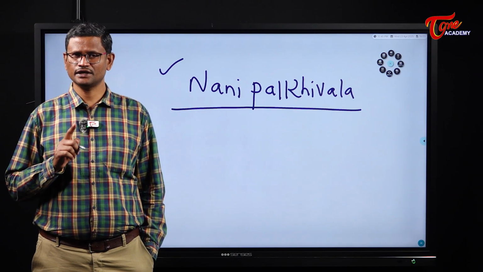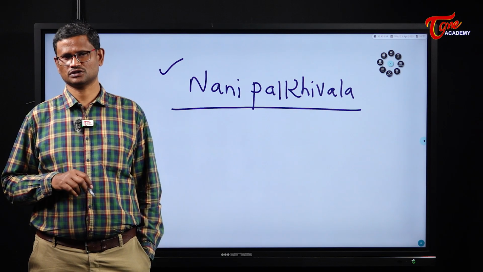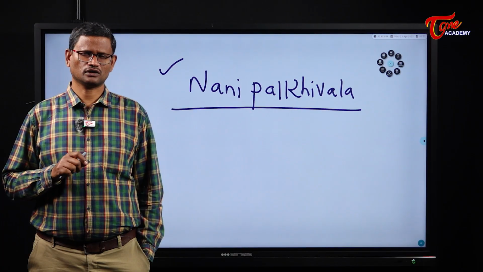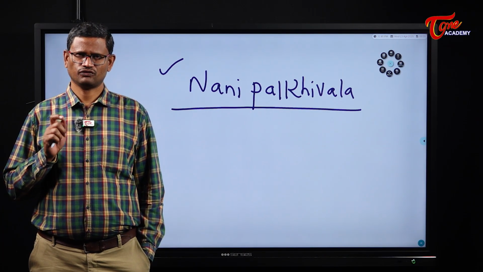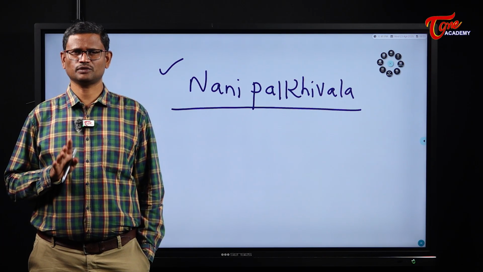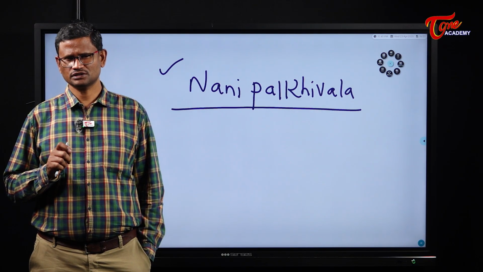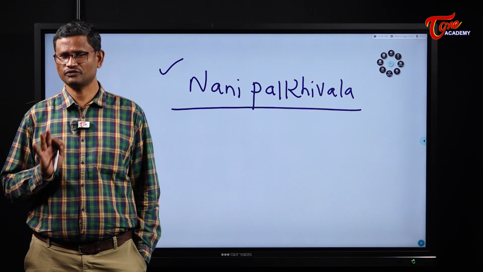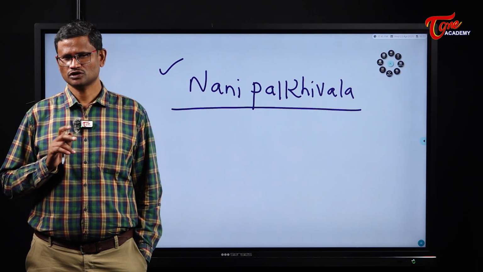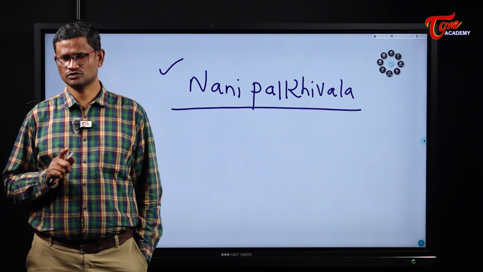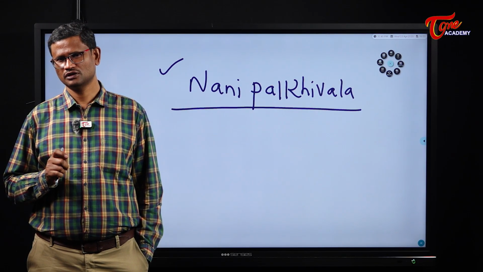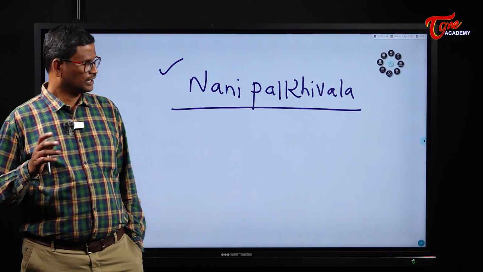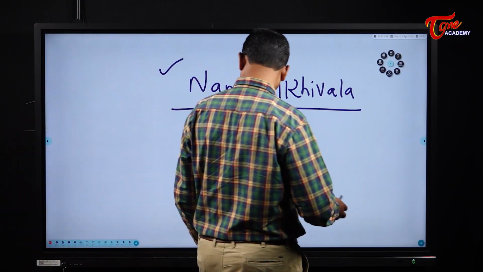The American Constitution is the first constitution to start with a preamble. The preamble is nothing but an introduction to the Constitution, or a preface to the Constitution. So the American Constitution is the first constitution in the world to start with a preamble. The Constitution of India also starts with a preamble. And let us see the text of the preamble.